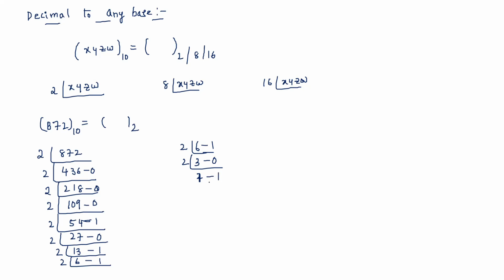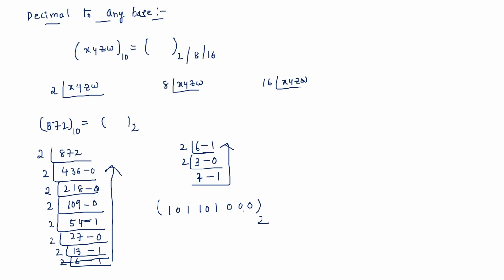So now we need to write the number from downwards to upward. Okay, so in this way we can write. This is my binary number.